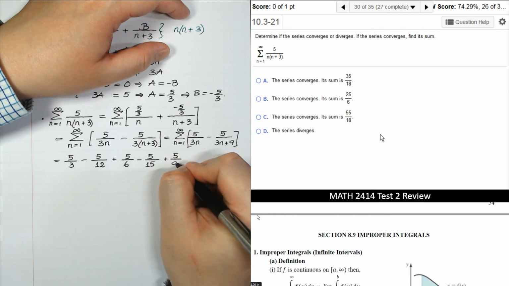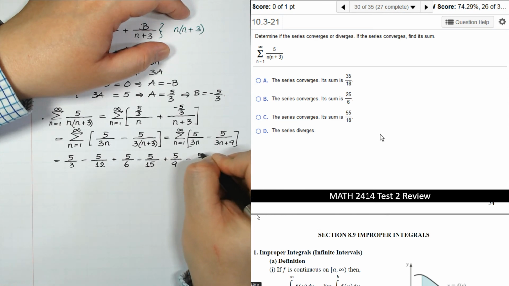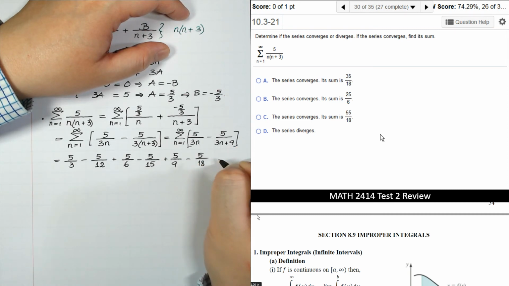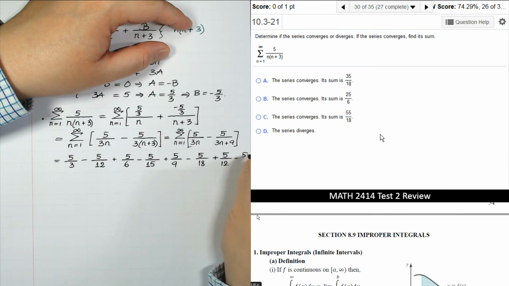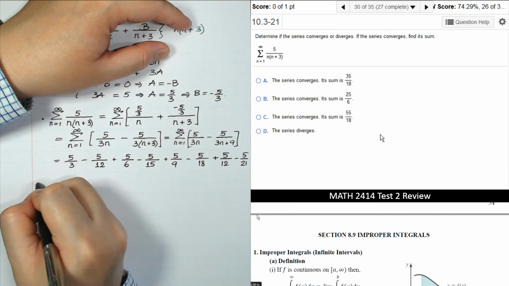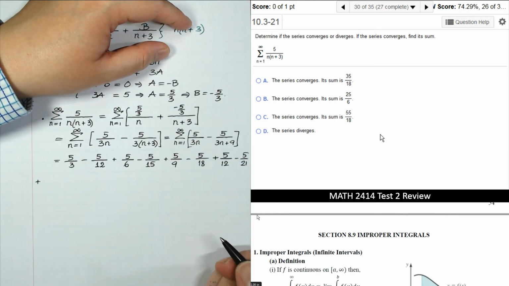It's going to be a while. 3 times 3 is 9, so that's 18. And then put 4 in for n. Four will be 12, 21. This looks like it helps. Keep going.